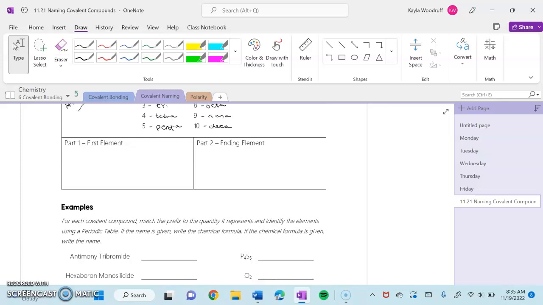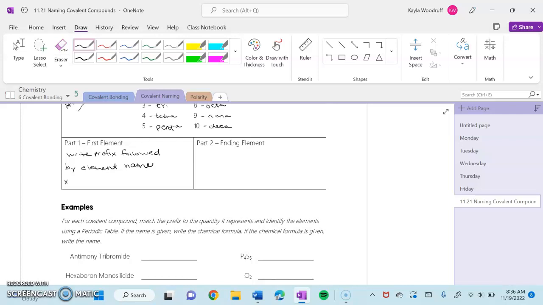So for the first element in the compound, you're going to write the prefix followed by the element name. And remember, all of these are nonmetals, so you'll just find the element name on the periodic table and put that prefix on the front of it.